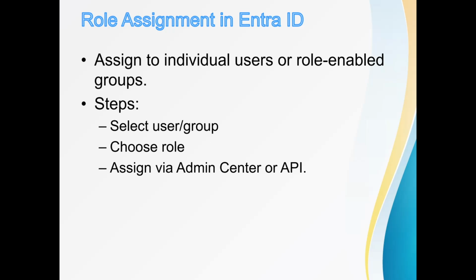So we can do it at these two levels mainly, users or role enabled groups. The steps are that we select a user or group, choose a role, and assign it via the admin center or API. So there are two ways to assign it: admin center or API.